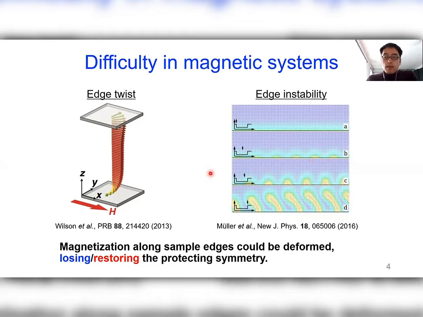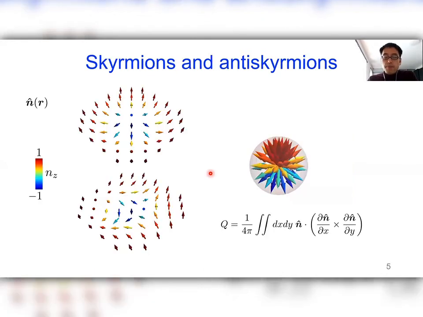So the spin textures in the finite sample are another important problem to realize magnonic higher-order topological phases. And interestingly, it is also possible to restore the symmetries due to the reconstruction of the magnetization along the sample boundaries, as we show in this work.